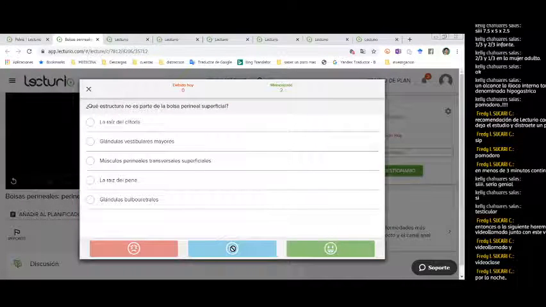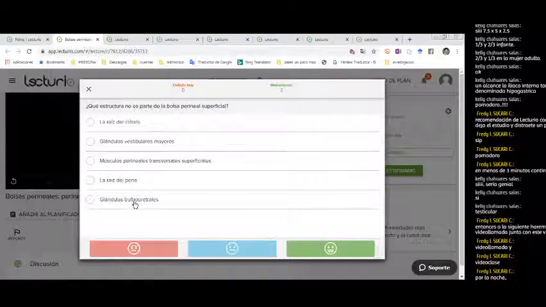¿Qué estructura no es parte de la bolsa perineal superficial? Bolsa perineal superficial. Órganos sexuales externos están en esto. A ver qué cosa hay. La raíz del clítoris, glándulas vestibulares mayores, ya, músculos superficiales, ya.